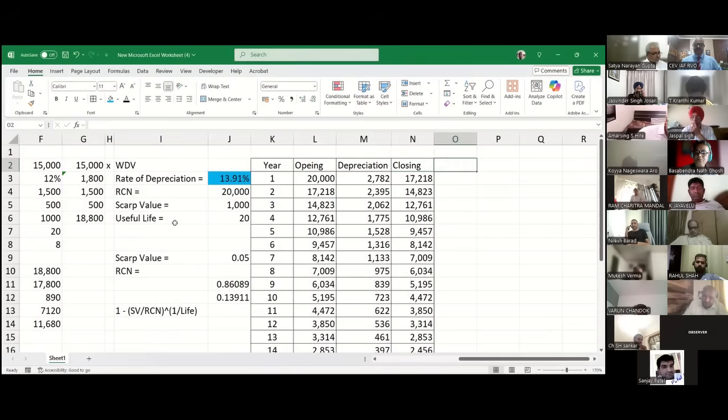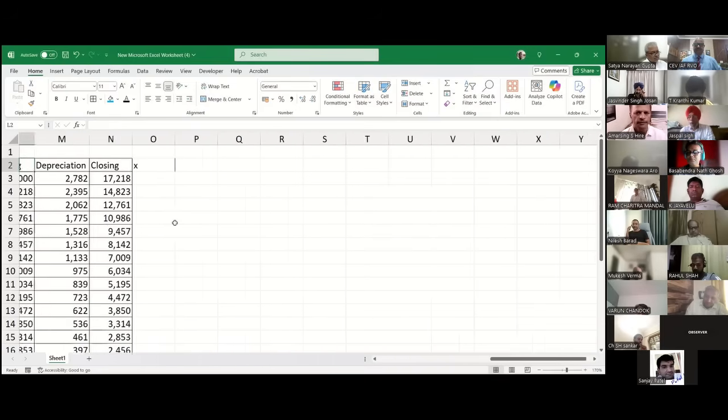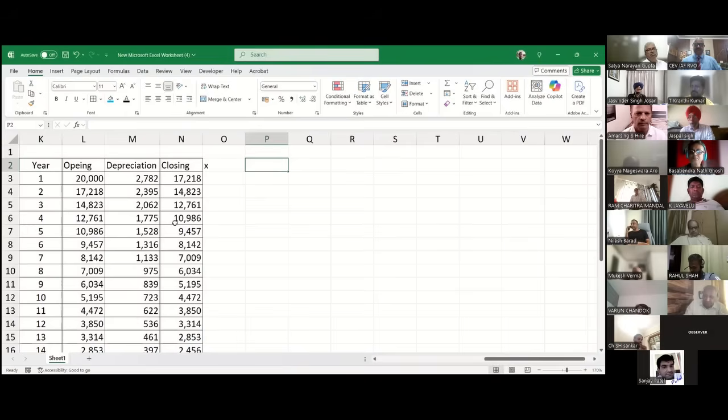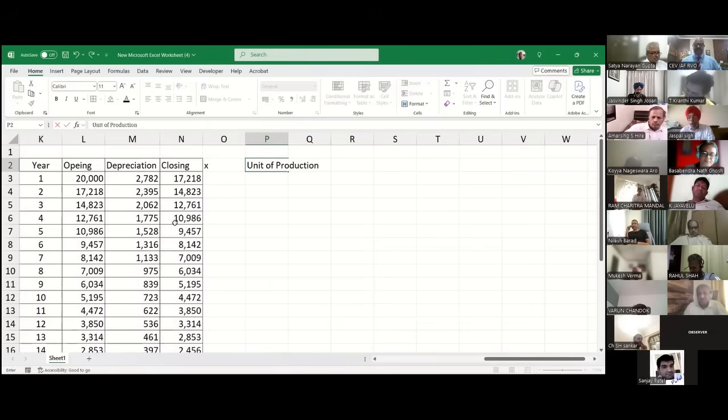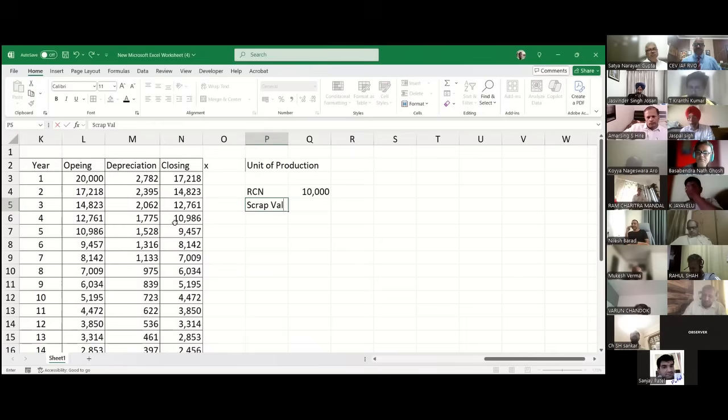Third method that is a part of the syllabus, it is a unit of production method. Okay, it is similar to the straight line method. Same replacement cost 10,000, scrap value 1,000 rupees.